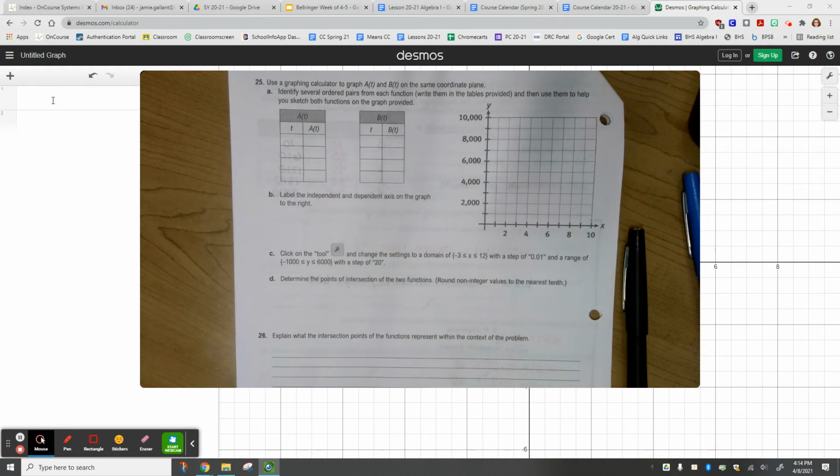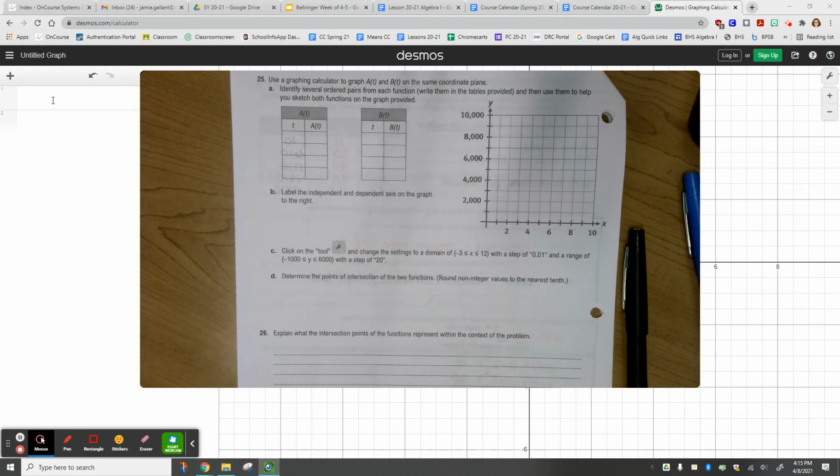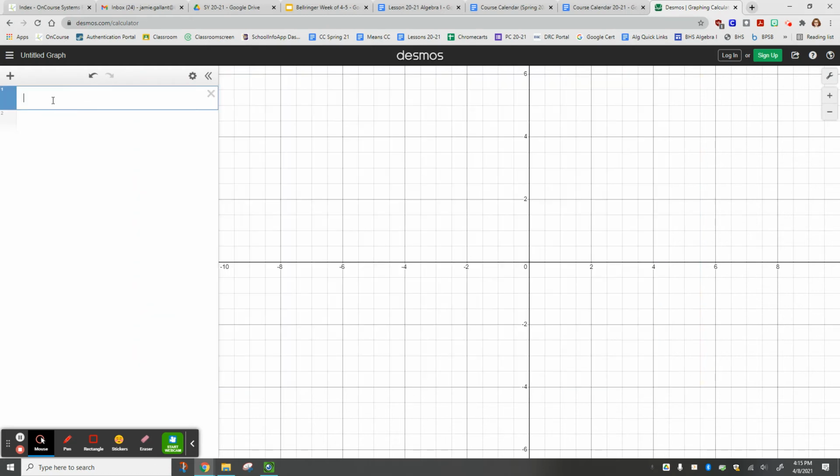And what we're going to do is come over here. Let's do A of t. Let's type in our two functions. A of t equals 10 times 2 to the t. If you need times, you can hit Shift 8 and it does the little dot for you.